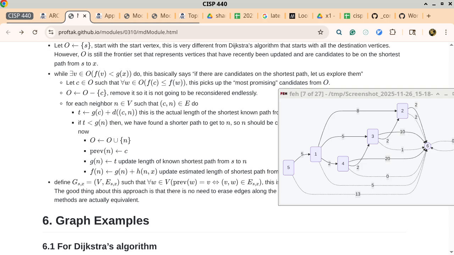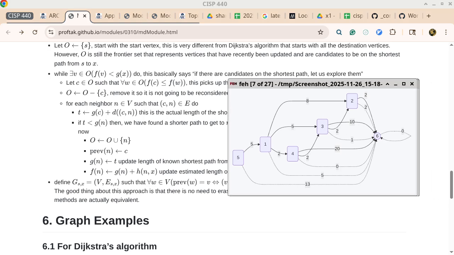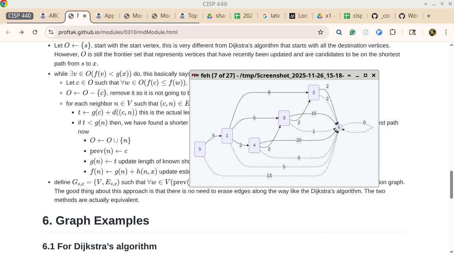What is that saying? We have seen stuff like this already. It is trying to find the vertex in O that has the least f value.